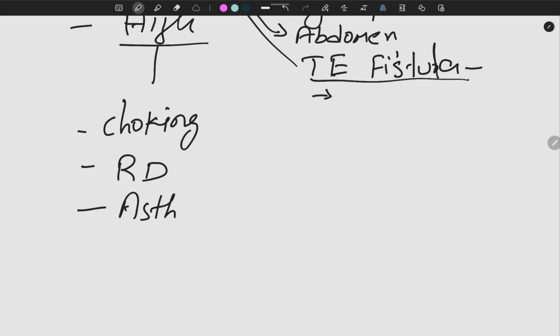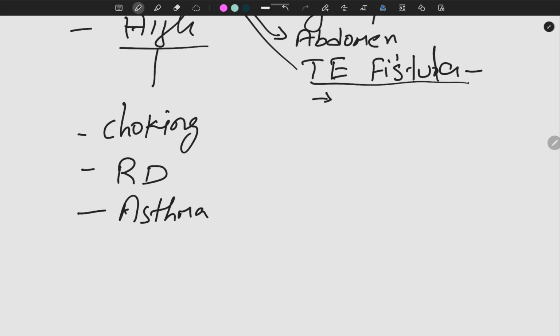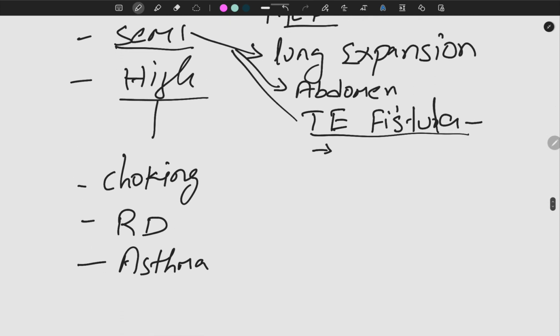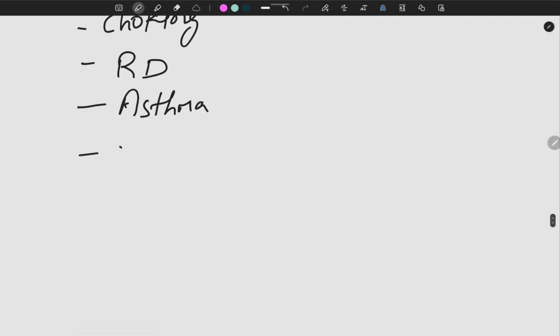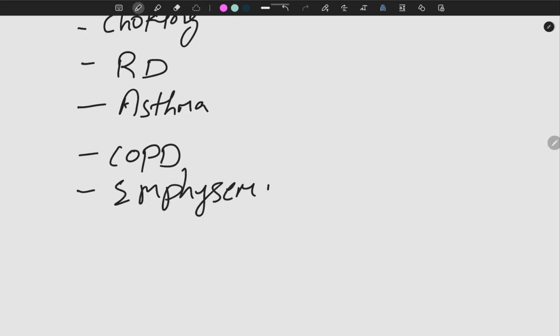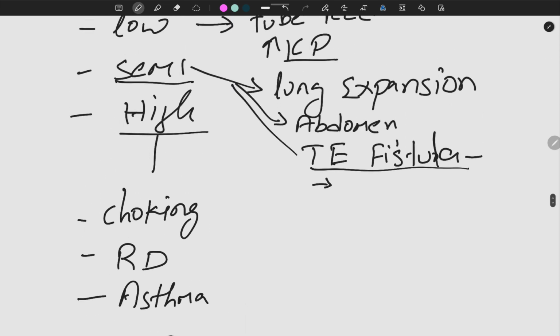So these are the positions mainly we can use for lung expansion to take more breath and to increase the oxygen levels in the blood, and also for COPD and emphysema. And the next one is pleural effusion. So for these reasons we can advise the patient a high Fowler's position.